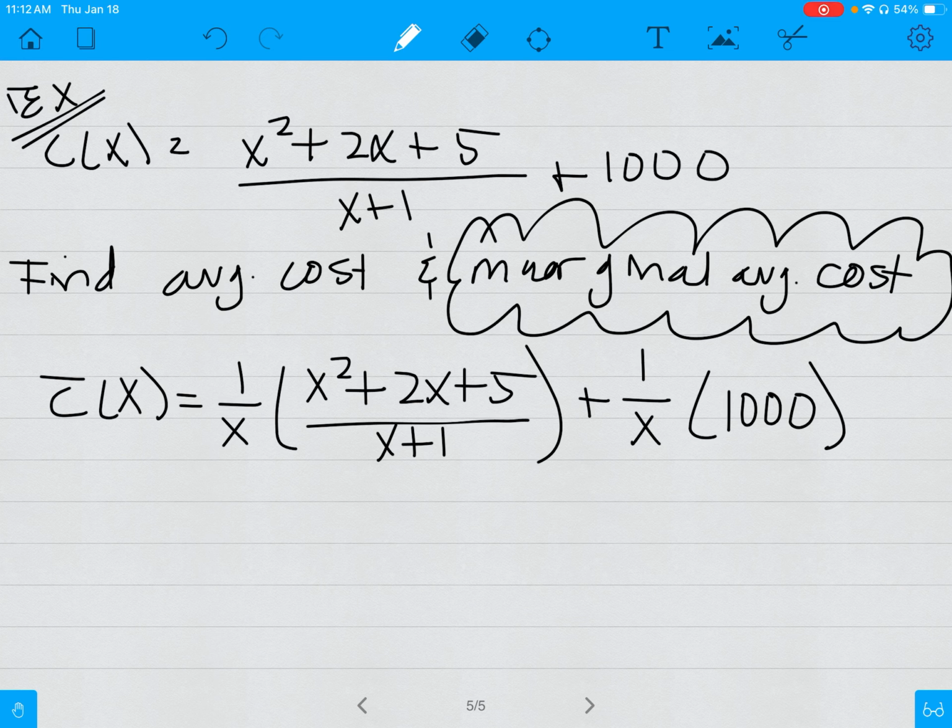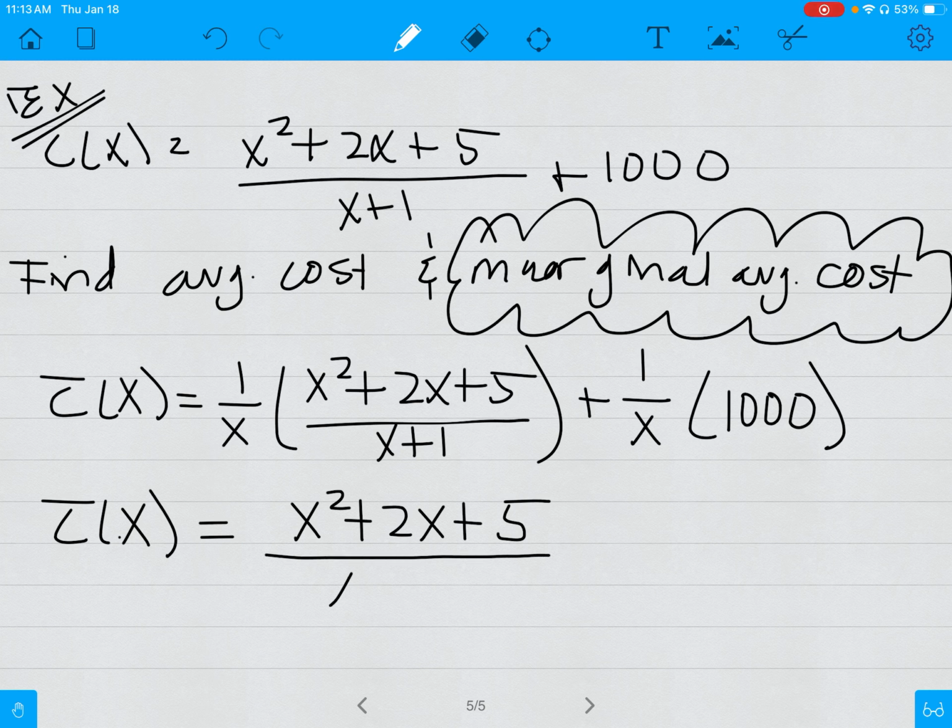So let's see what we can do here. We are going to have, let's look at this as, so we have x squared plus 2x plus 5 over x times x plus 1, right?